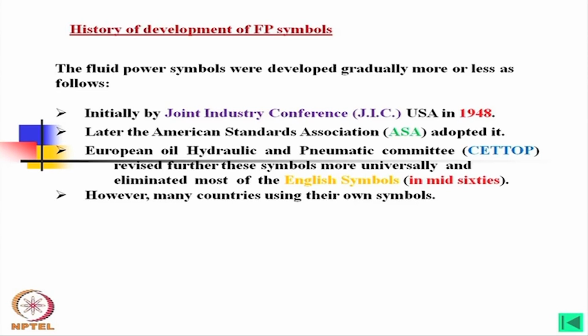This is not very different, but you will find these are not the same symbols either. This means there will be some differences. For example, in India, at one point we standardized it, or the many industries who are using those also developed their own symbols.